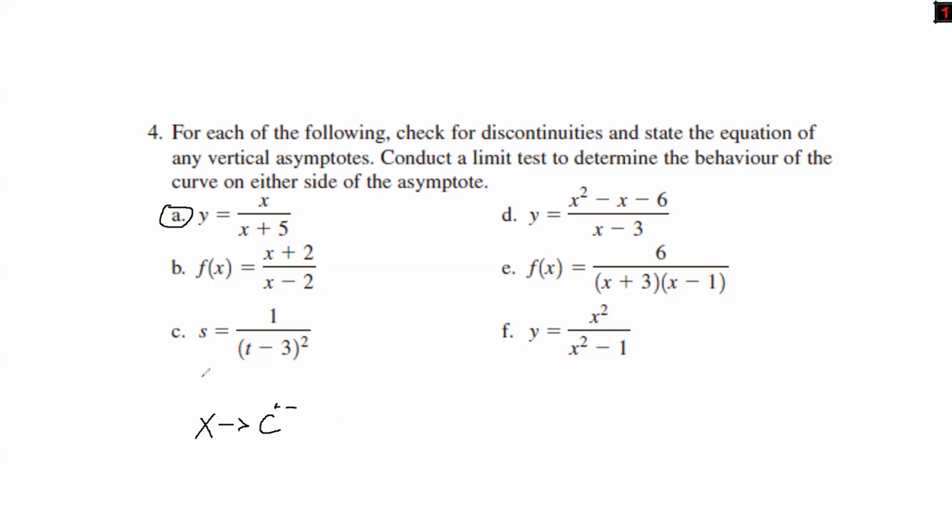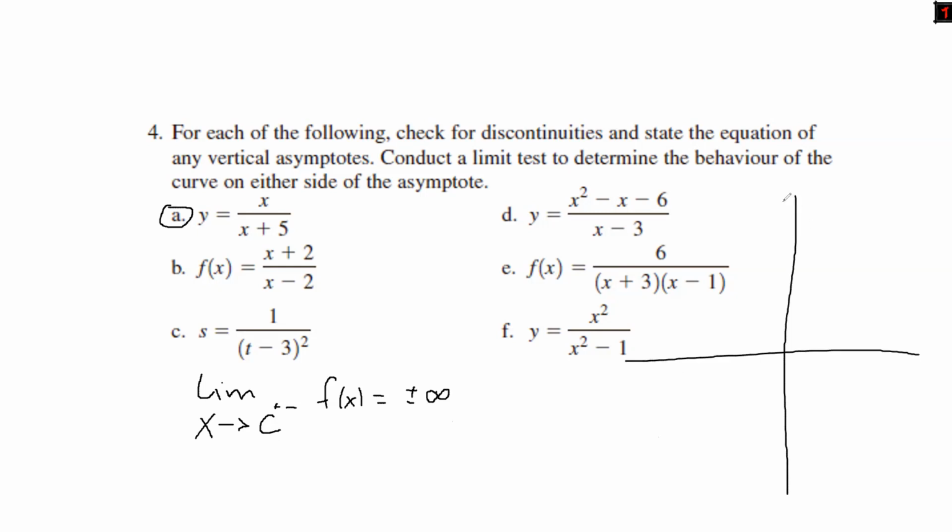It's a limit of f of x, and this limit should be equal to either positive or negative infinity. Remember the 4 cases that we discovered. When we have a vertical asymptote, we can have it like this, or like that, or like this, or like that. Make sense?